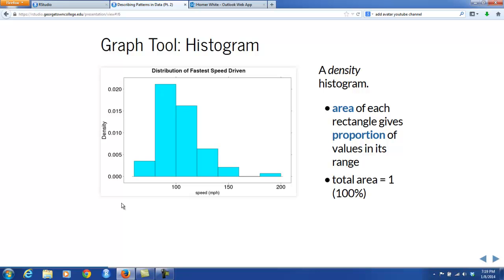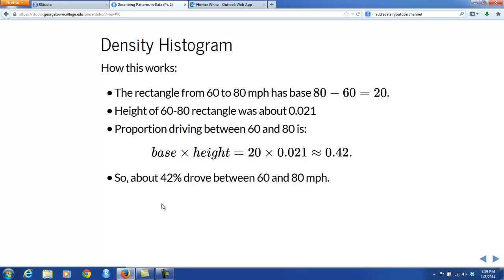The area of each rectangle gives the proportion of the data values that lie in its range. Since 100% of the data values lie somewhere here, then the total area is 1, the proportion that corresponds to 100%.